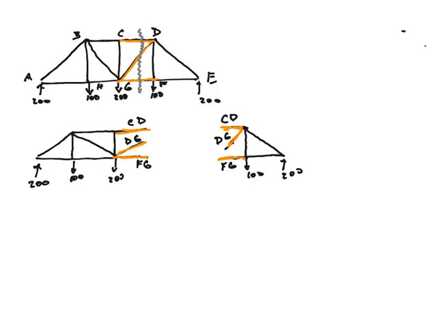Because what we're going to do is use our same three global equilibrium equations we did in the past, the reaction equations, sum of the moments and sum of the forces equal to 0, on these pieces. So we want to choose the piece that has the least number of forces in it, the least number of things to worry about, so that our equations become a little easier.